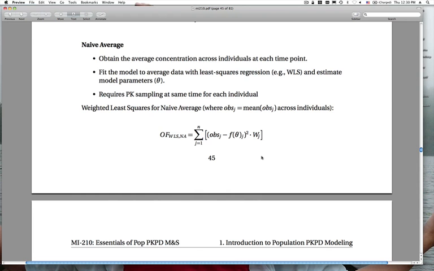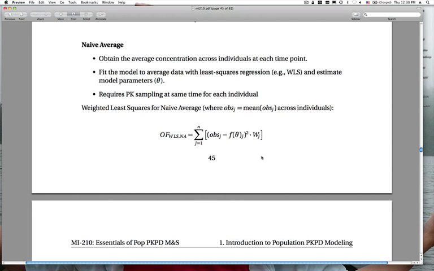Naive averaged is another variation of the same theme. This one requires a little bit more detail in the data, in that each individual unit should be sampled according to the same design. So if it's a PK study, each individual in a naive averaged data set will have samples at each time point.